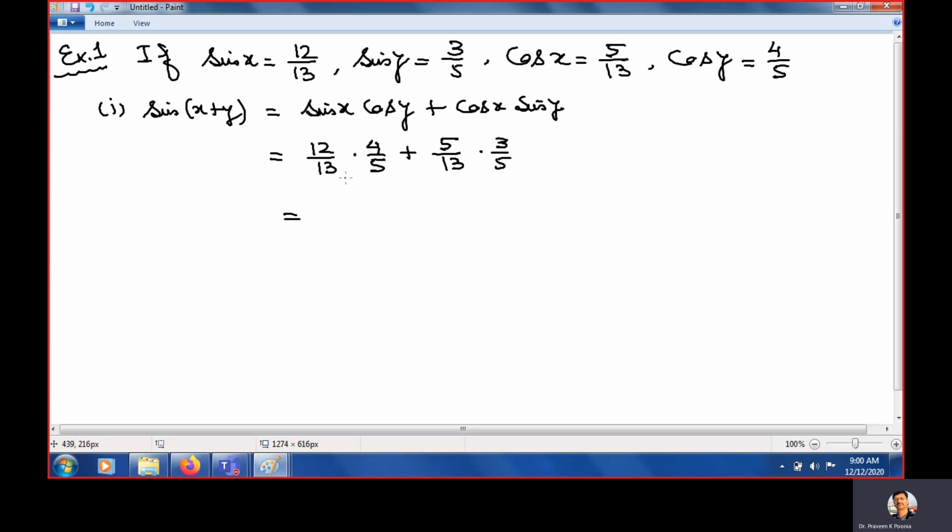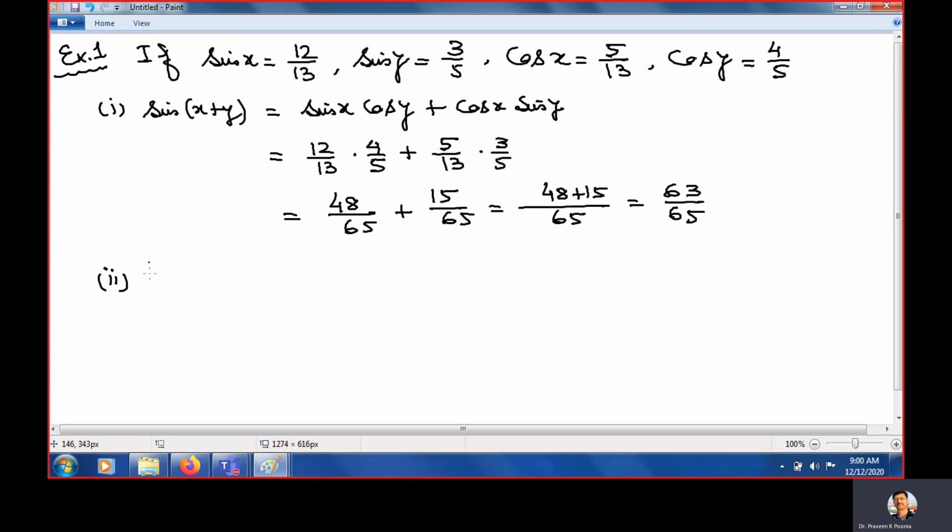If you see how much it is, 12 times 4 is 48, 13 times 5 is 65, plus 5 times 3 is 15, and 13 times 5 is 65. 65 is the LCM and it is 48 plus 15. And how much is it? 48 plus 15 is 63 upon 65. So what is the value of sin x plus y? It is 63 upon 65.